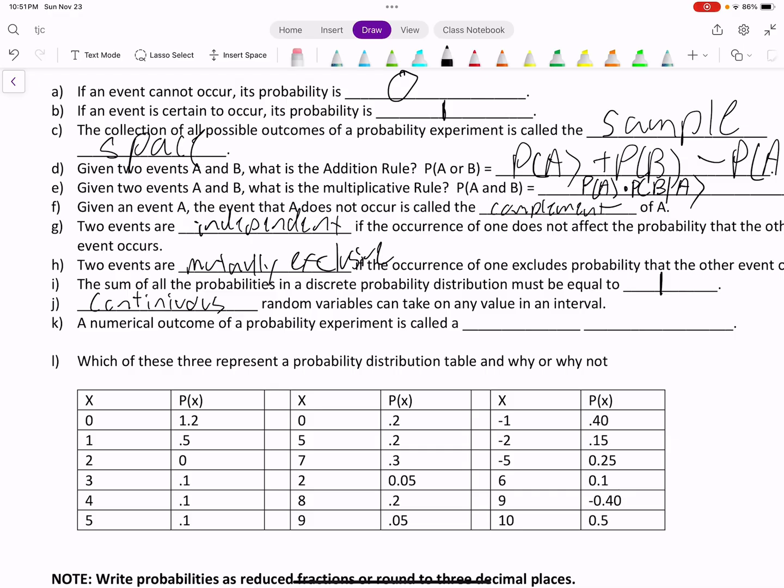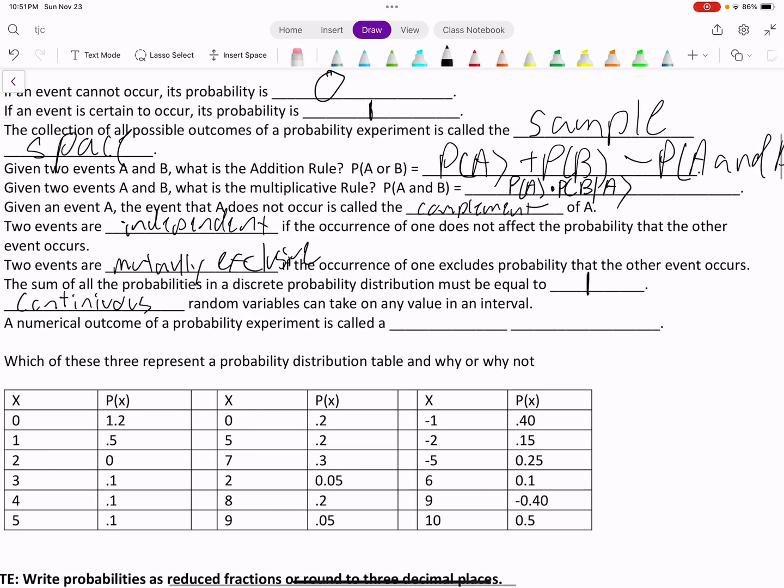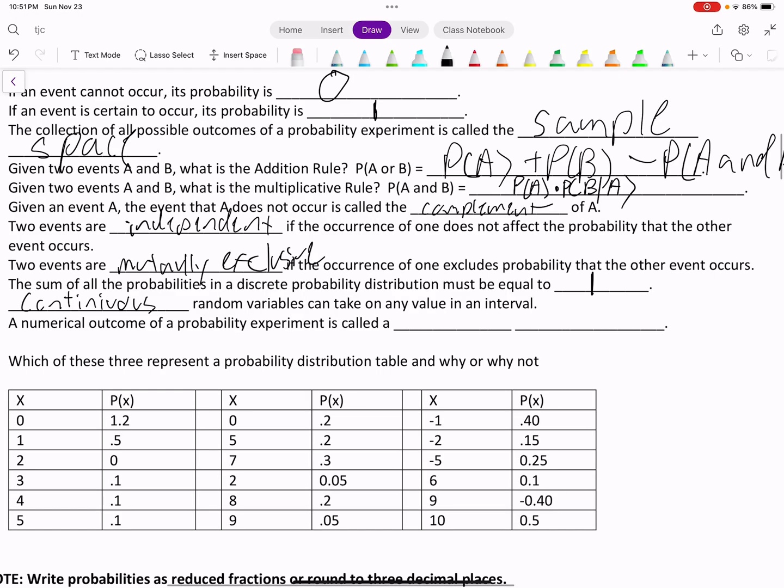The numerical outcome of a probability experiment is called a random variable.